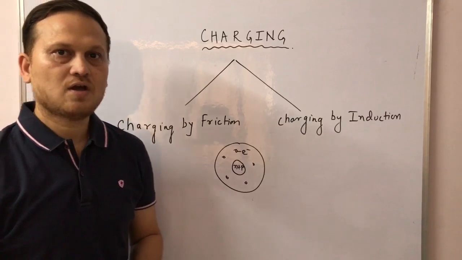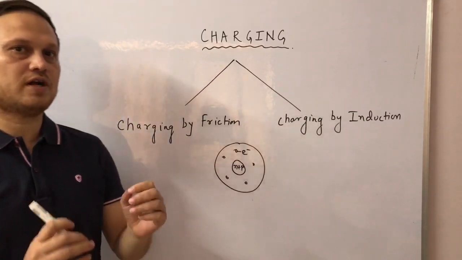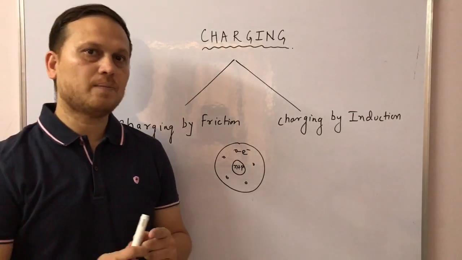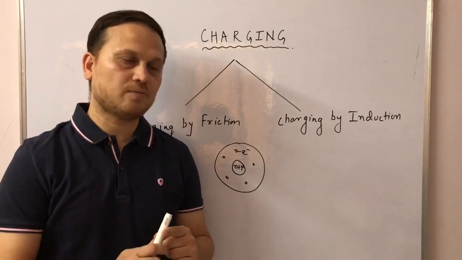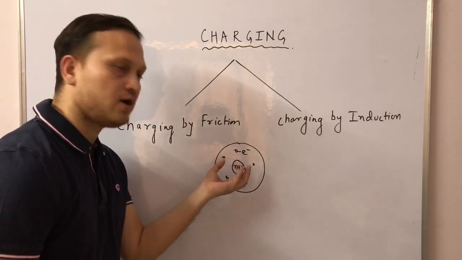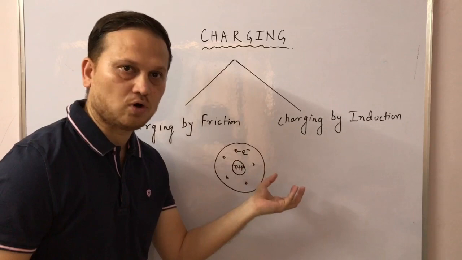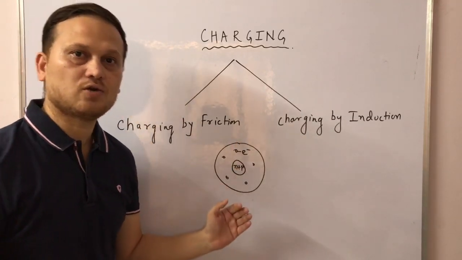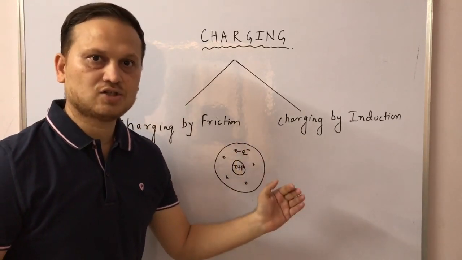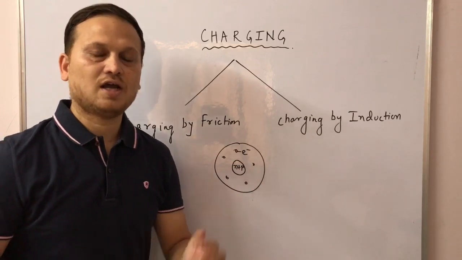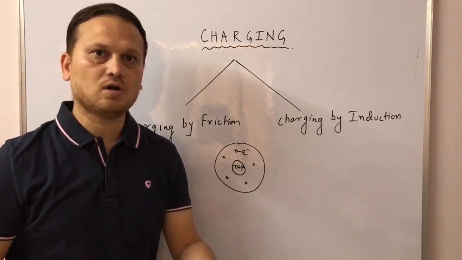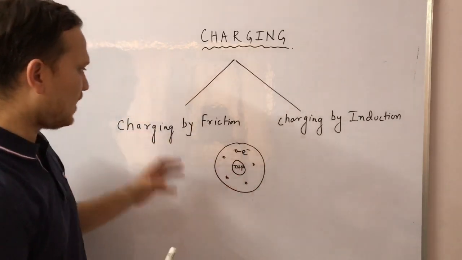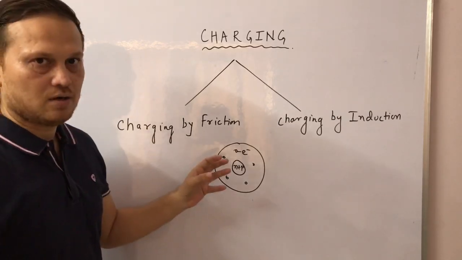So what happens when a charged body is brought in contact with an uncharged body? Rubbing is done, and because of that rubbing, these loose electrons go to the uncharged body, and when the loose electrons go into that uncharged body, it gains electrons and it becomes either negatively charged or positively charged. So because of that, charging can be done by friction.